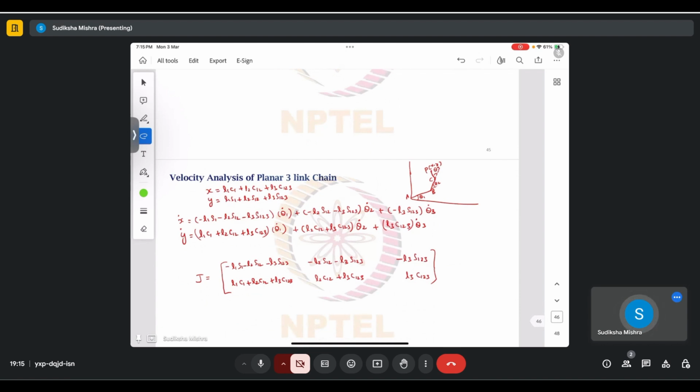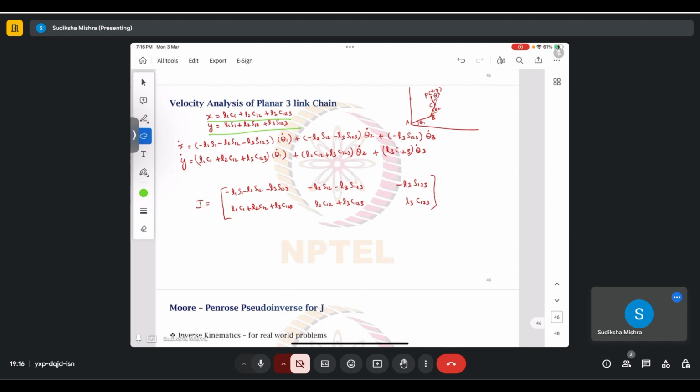Let's look at the velocity analysis for a 3R system, where we know the x coordinate to be L1 C1, L2 C12, L3 C123, y coordinate to be L1 S1, L2 S12, and L3 S123.